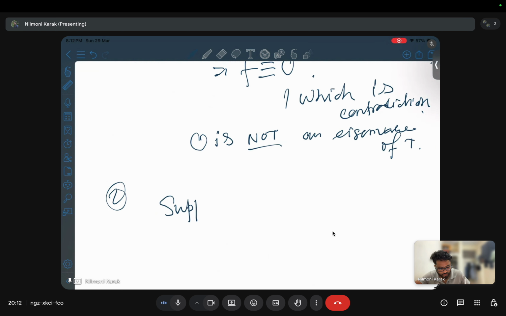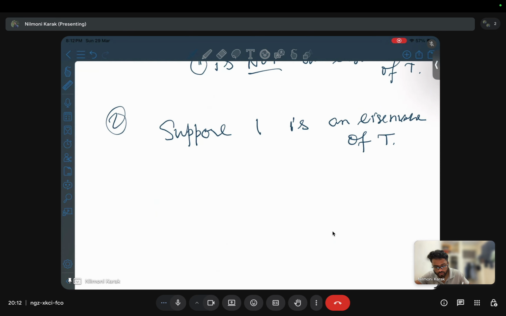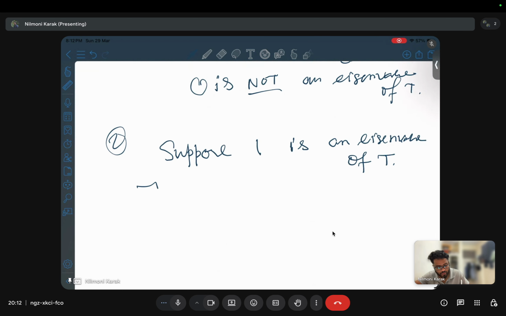Again suppose 1 is an eigenvalue of T, with non-zero L2 function f.